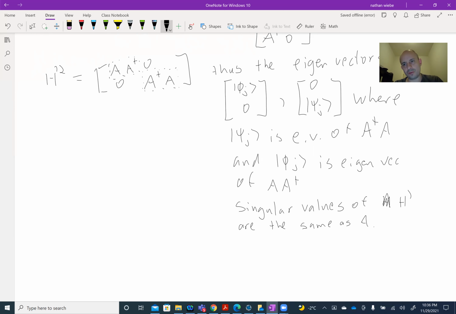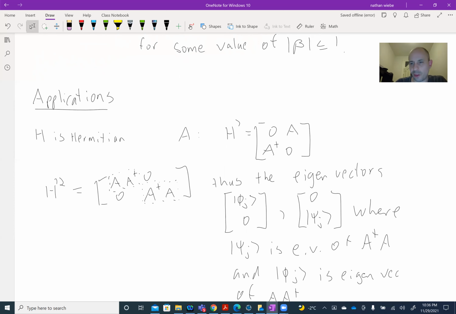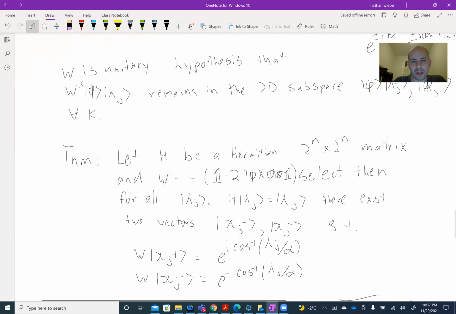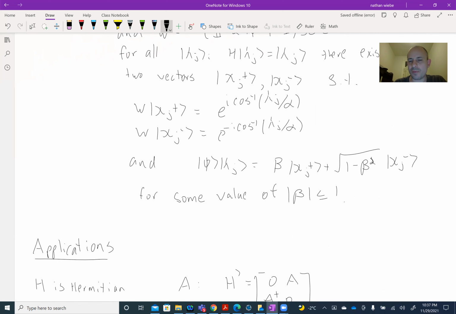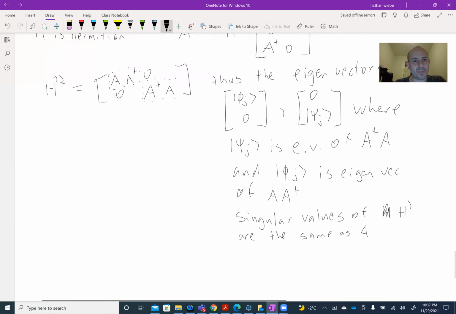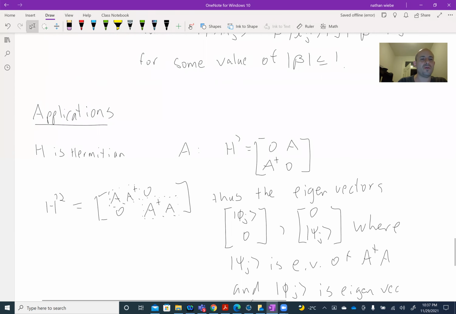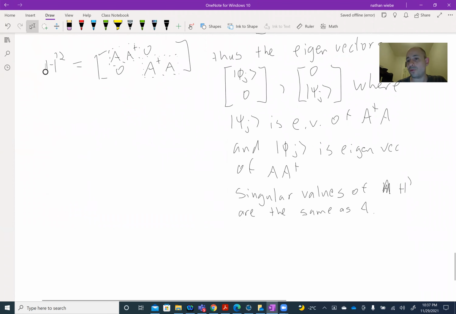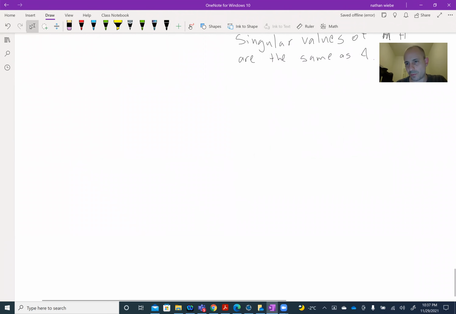So if we do this in the context of a non-Hermitian matrix, we can do exactly everything that we've laid out here. But instead of getting the eigenvalues of H in the above operation for lambda j, now these will still be the eigenvalues of H prime, but those will now correspond to the singular values of the matrix A. So we can use this to figure out singular values of an arbitrary non-Hermitian matrix.